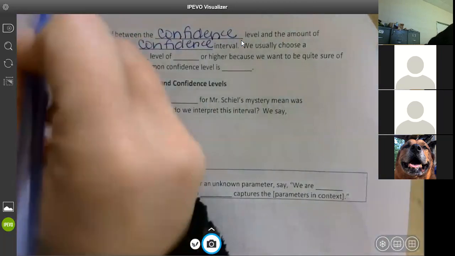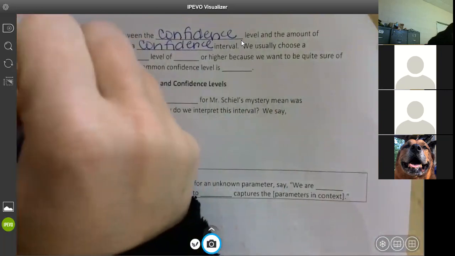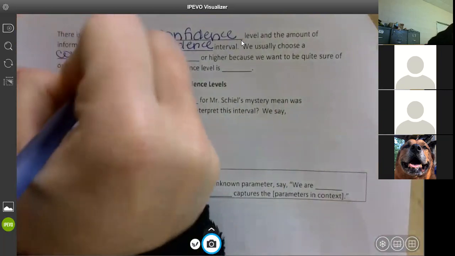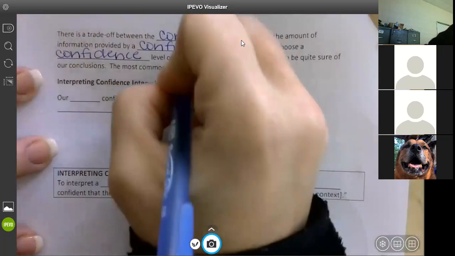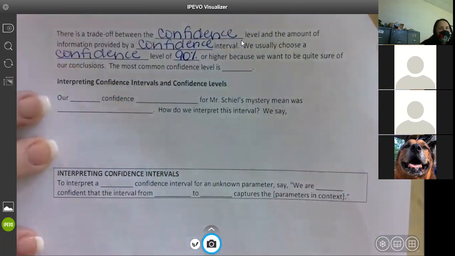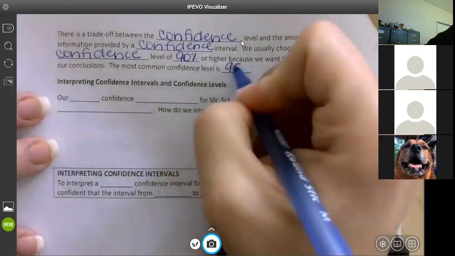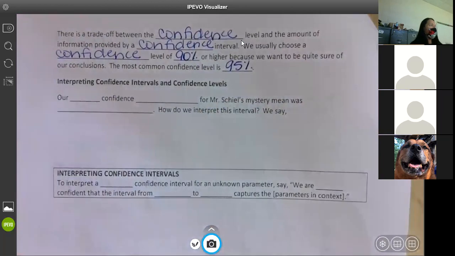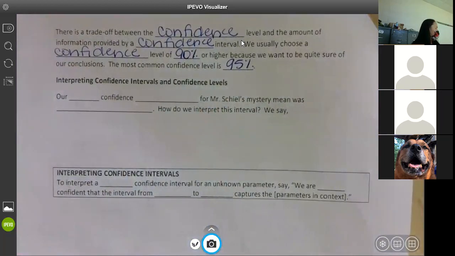We usually choose a confidence level of 90% or higher because we want to be quite sure of our conclusions. The most common confidence level is 95%. Now, will they throw a 90% in there? Absolutely. Okay, so be ready for that.